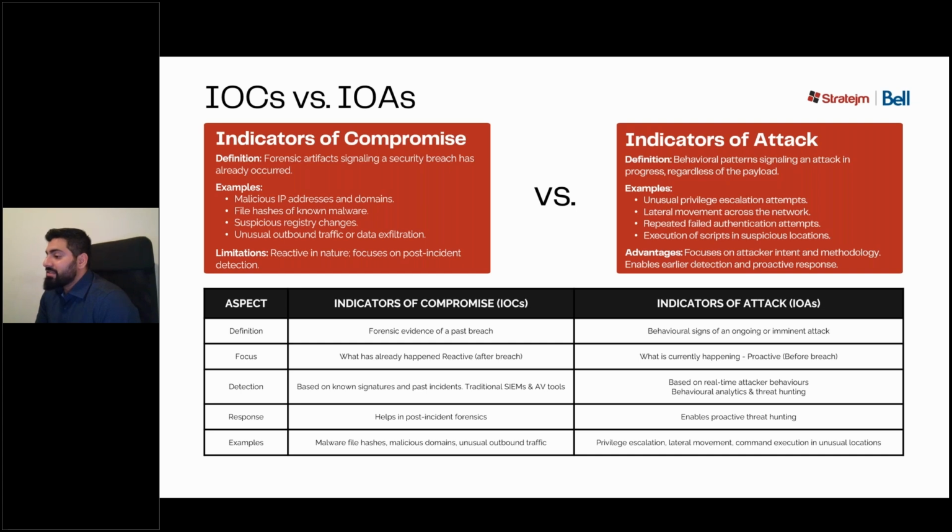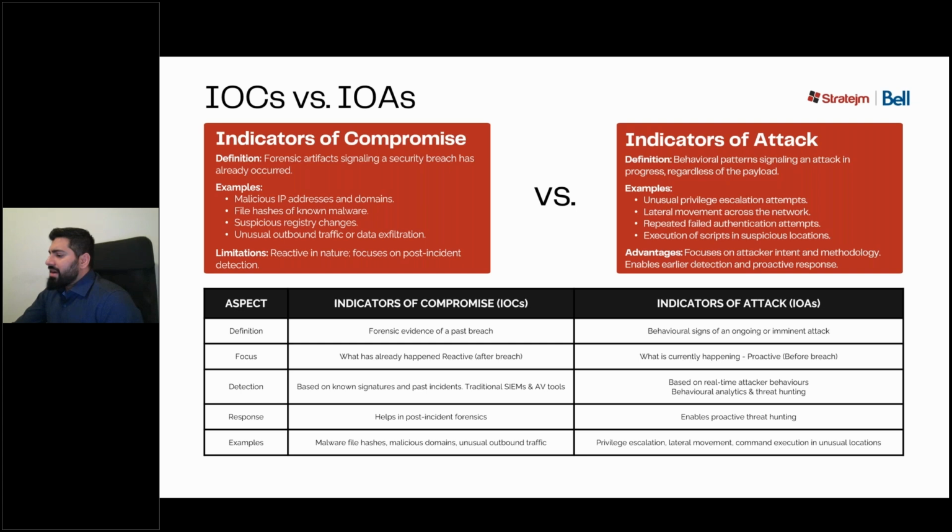You need to identify advanced persistent threat actors, and you need to understand evolving attack techniques. Now, why are indicators of attack essential for proactive security? Well, indicators of attack enable real-time threat detection, right? Indicators of attack focus on the adversary behavior rather than, like an indicator of compromise, such an activity having already occurred.